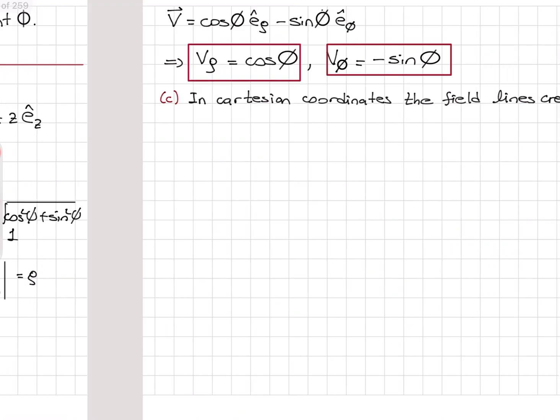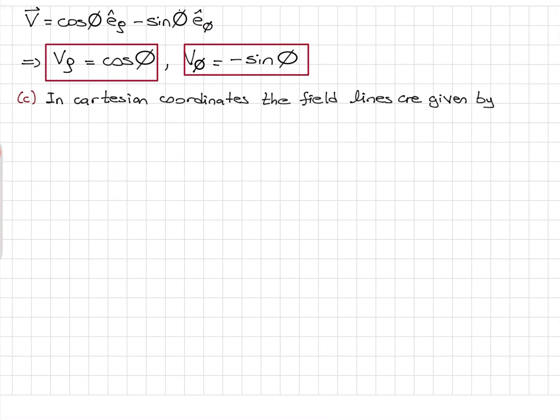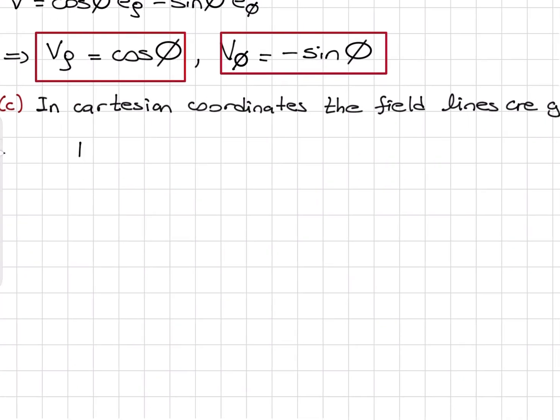Okay, so in Cartesian coordinates, the field lines are given by dy dx is equal to vy over vx.